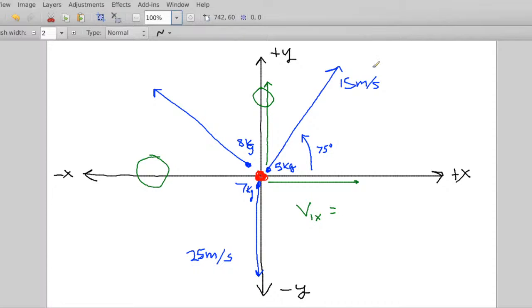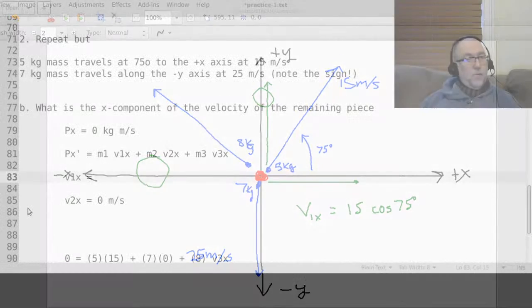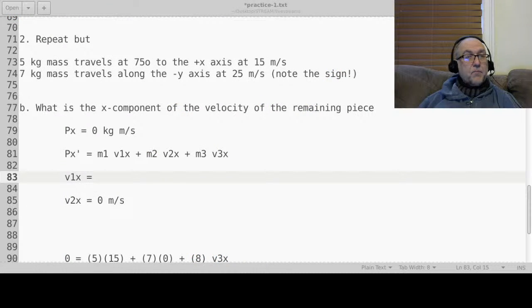And it's the magnitude, 15, times the cosine, because it's the x component, of 75 degrees. And of course, if the x component is the cosine, the other one has to be the sine. You've done a lot of these, but it's worth repeating.